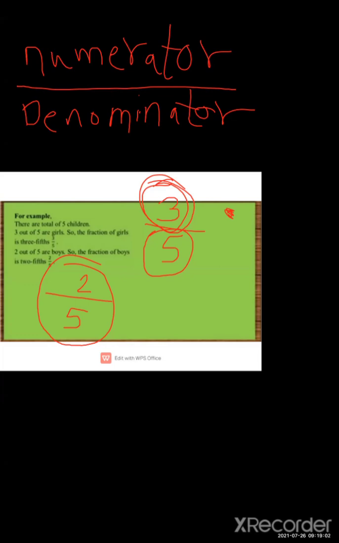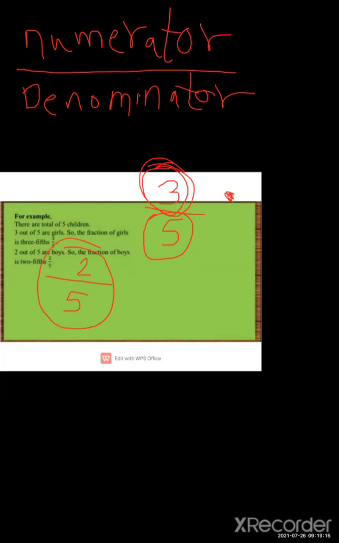Okay, understood? Total number in the denominator and the divided part will be the numerator. So this is the first type of how to write the fractions, that is the total number will be the denominator and the removing part, meaning the explaining part, the dividing part, will be the numerator.